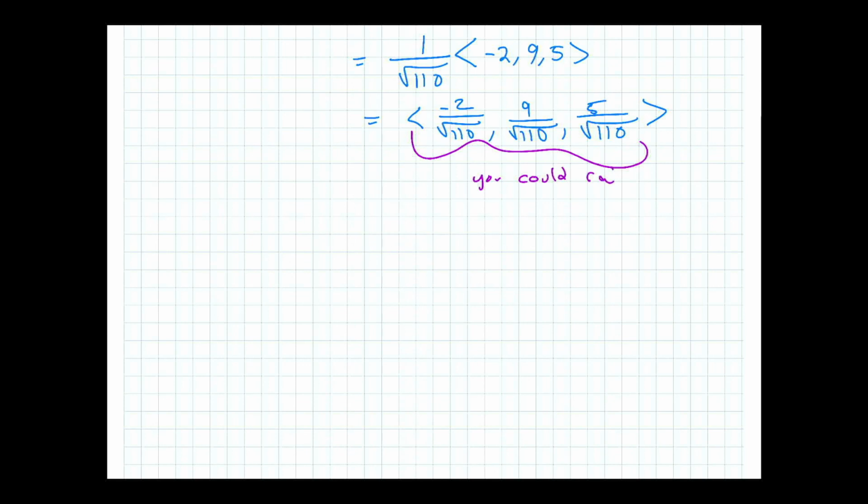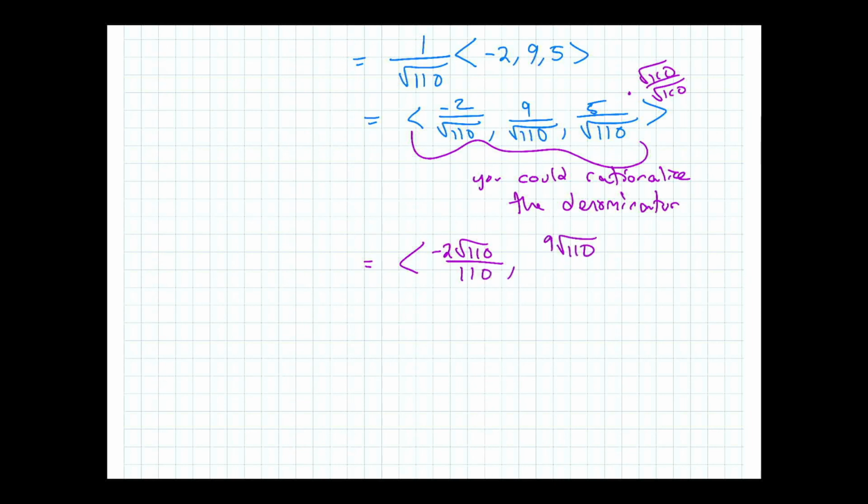You could rationalize the denominator by multiplying by square root 110 over square root 110 on each of those. So if you do that, you would get -2 square root 110 over 110, comma 9 square root 110 over 110, comma 5 square root 110 over 110, right?